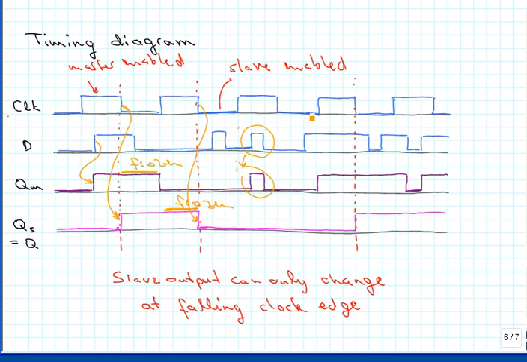The slave gets enabled here and just sees that the master output is at 0, so it keeps its output at 0. And during this time, when we are at 0 here, the master is frozen. And then when we go high again, this one is frozen again.